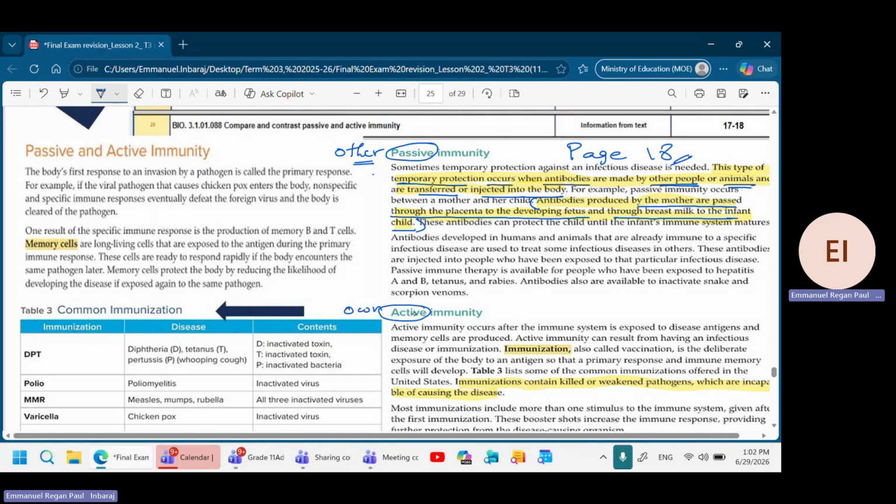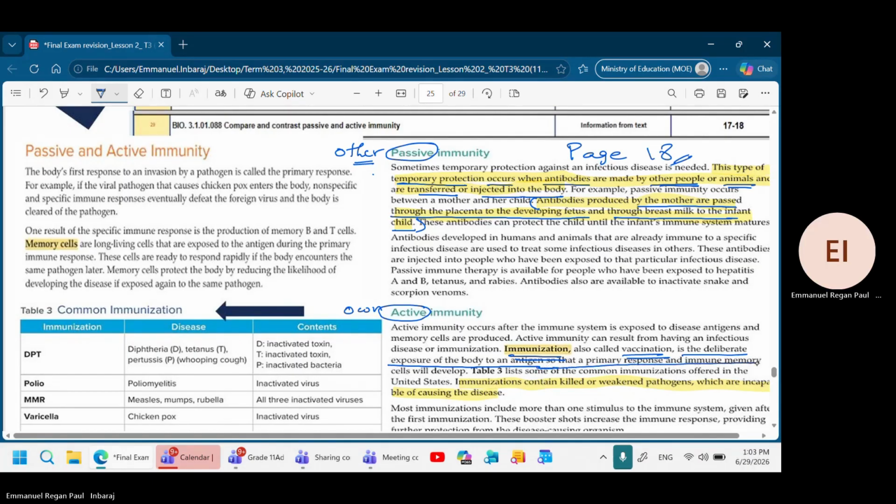What is the example of active immunity? Active immunity means vaccines or immunization that you take. You see, for COVID-19, we took vaccine. So this is a deliberate exposure of the body to the antigen. What they are doing inside the vaccine, they are injecting dead pathogens or dead antigens.